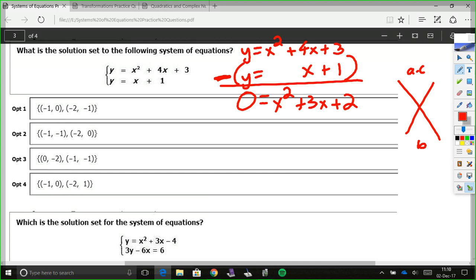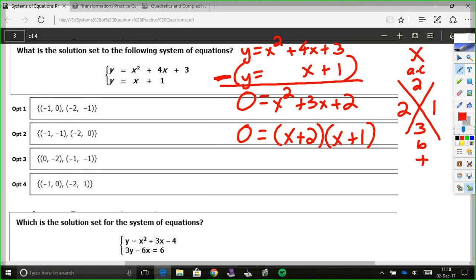A times c, you have 1 times 2, which would be 2, and then the b is a 3. Alright, so I want two numbers that multiply to 2 and add to 3. The only numbers that do that are 2 and 1. 2 times 1 is 2. 2 plus 1 is 3. So this, if I factored it, would become x plus 2 and x plus 1.